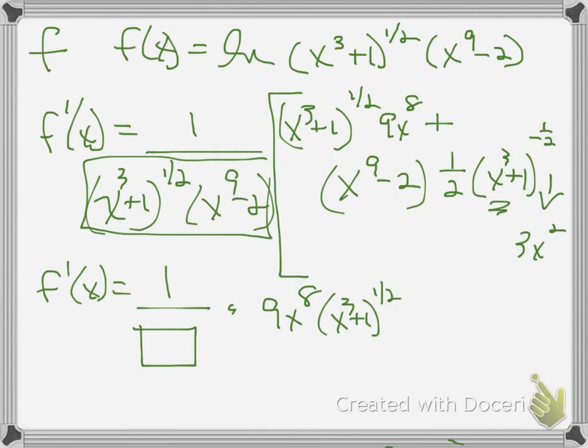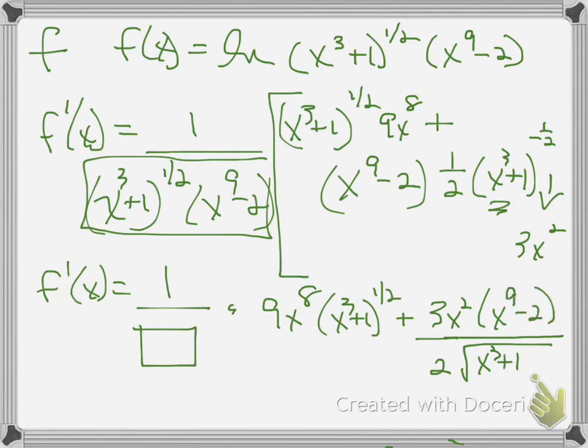And then I have plus, I would probably put the 3x squared over 2 right there. I would probably bring the x cubed plus 1 and put it under a radical in the denominator, and then I would have that times, using parens, x^9 minus 2. Okay, so that's the best form of that.